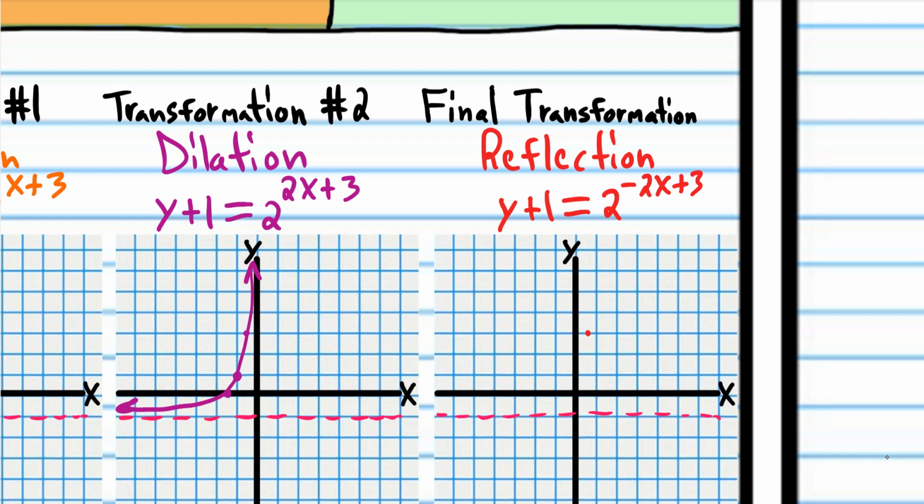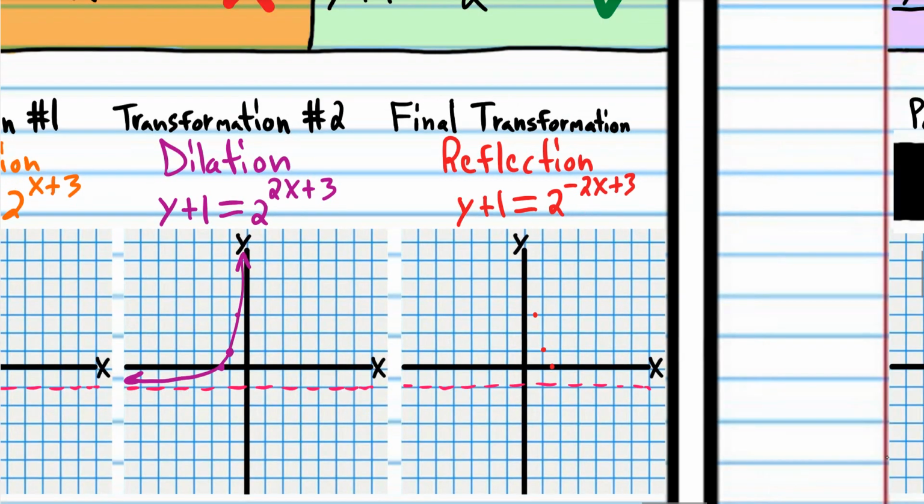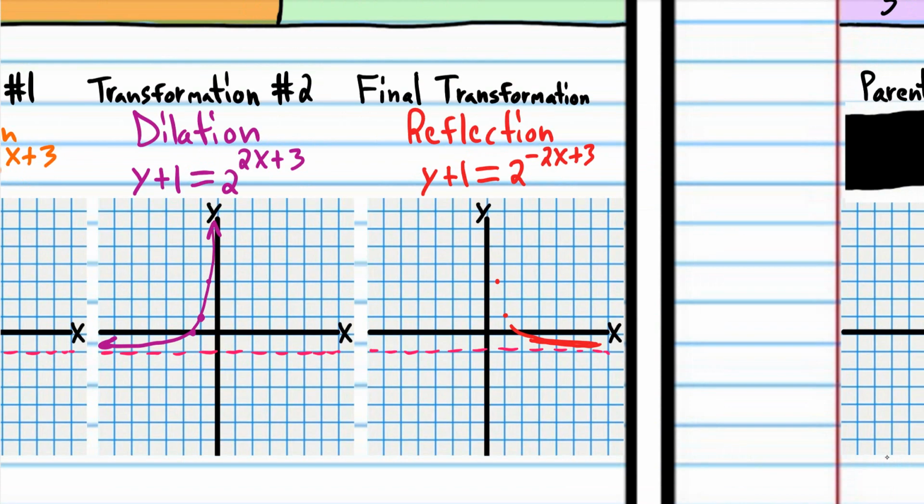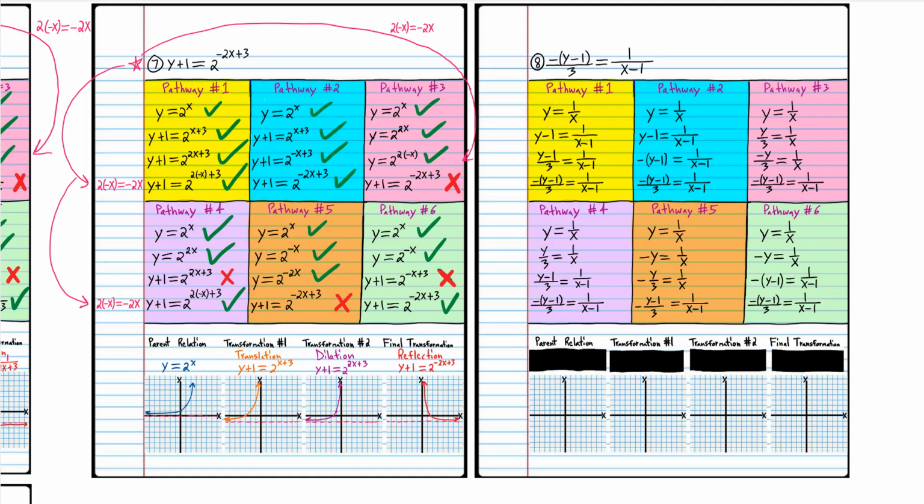It shouldn't be too difficult. And there we go. So we're moving through this kind of quickly because we already went over all these principles in the previous classes. Okay, so if you got that graph, good job. Okay, I want you to try number 8, and when you come back, we'll do it together.